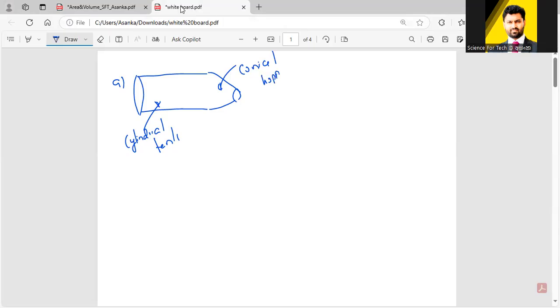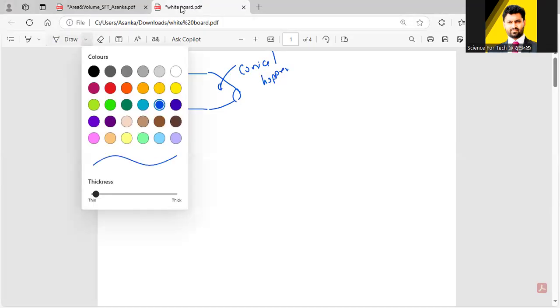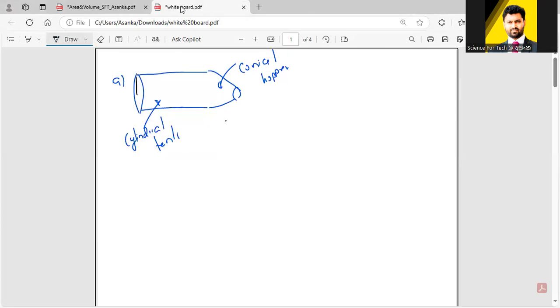In here, the radius has been given as 1.5 meters. This is 1.5 meters, and here also it should be 1.5 meters because it's a cylinder.